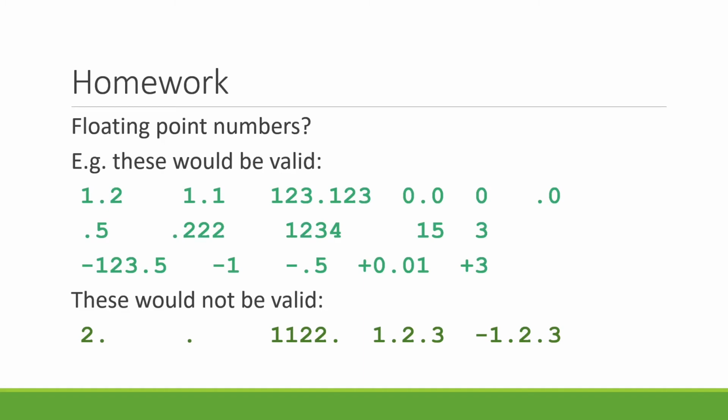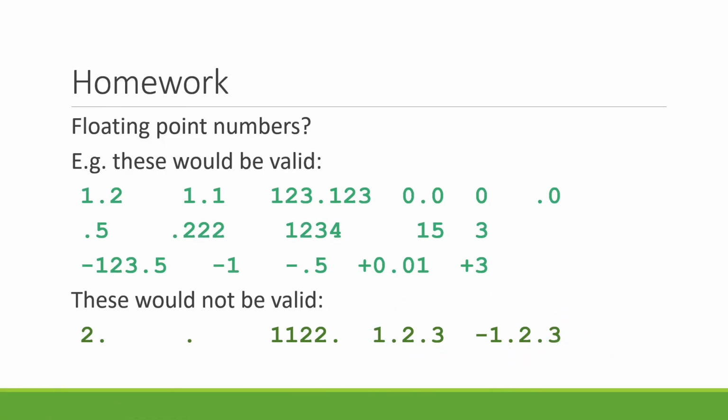We, as humans, can probably imagine this would be the equivalent of 2.0, and this would be the equivalent of 1122.0, but a lot of programming languages don't see it that way. They definitely wouldn't understand a decimal point all by itself, but we also don't want to allow any values that have more than one decimal point, since these clearly are not valid values either.